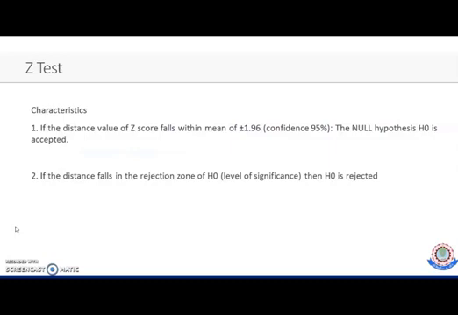And then the characteristics. If the Z score falls within plus or minus 1.96 of the mean, in the zone of acceptance, that is, the confidence limit is 95%, the null hypothesis H0 is accepted.